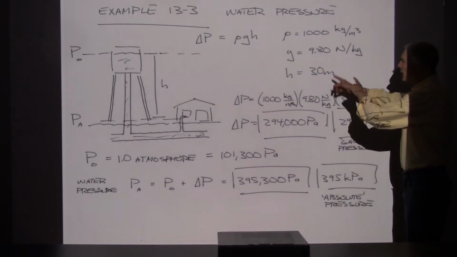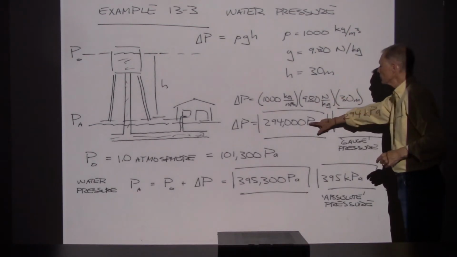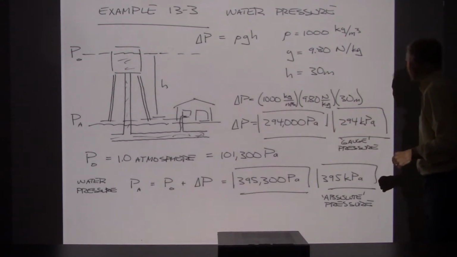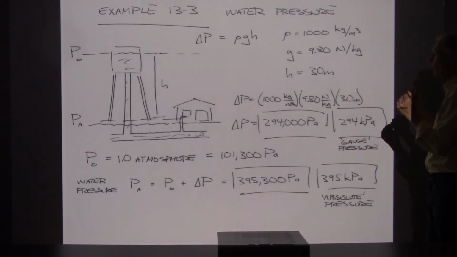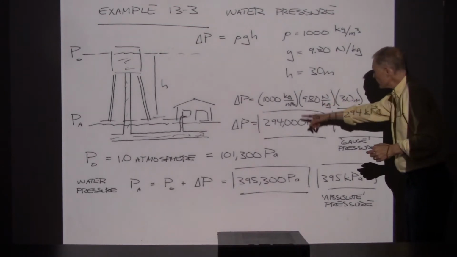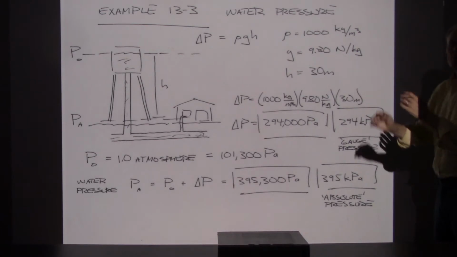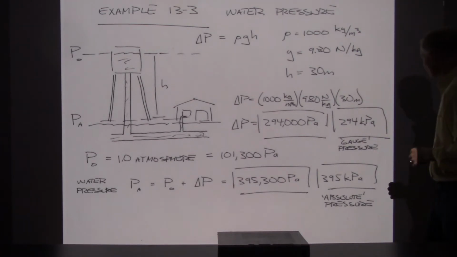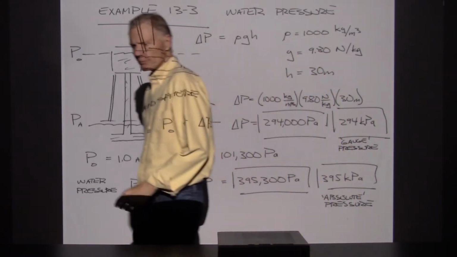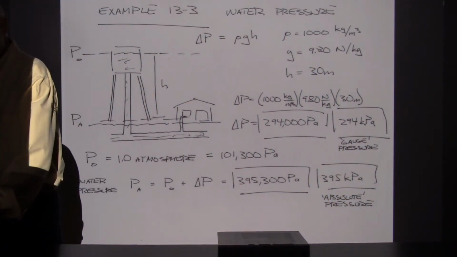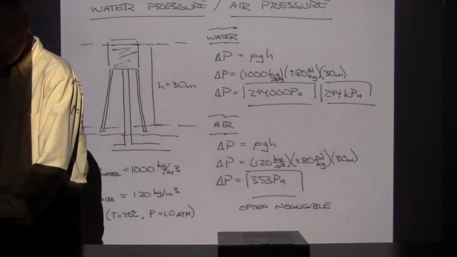We created this additional overpressure of 294,000 pascals, and when the water shoots back out into atmospheric pressure, this is the amount of pressure difference driving the water out of that pipe. So good to know, all those water towers.